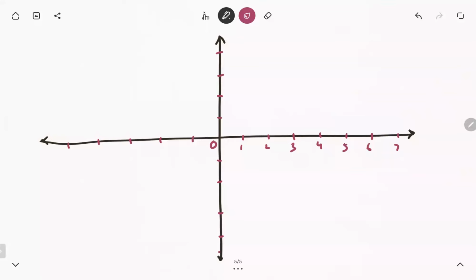This is O, origin. Okay, if I say there's a point A whose coordinates are (4, 2), I want to label that point here. See, this is a point A whose coordinates are (4, 2).